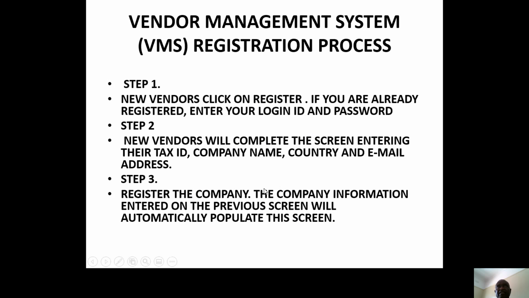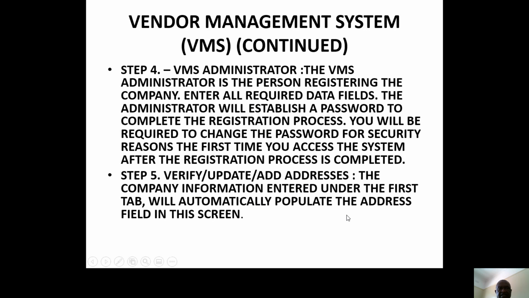Step 3, you register the company. The company information entered on the previous screen will automatically populate the screen. Step 4, vendor management system administrator. We have an administrator. That is the person. The administrator is the person registering the company.